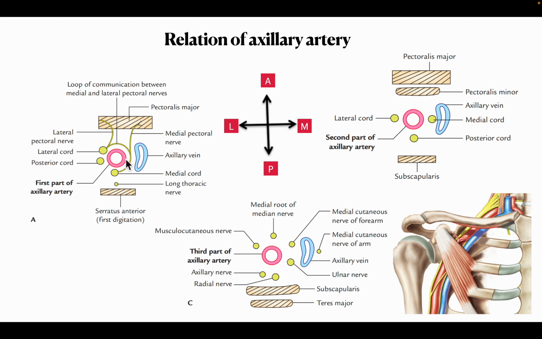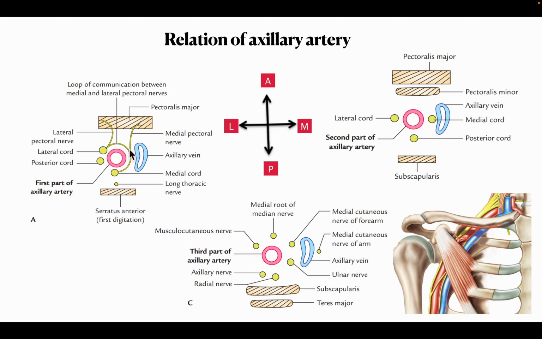Now let's know the relations. In the anterior part, it has relation with the skin, superficial fascia, and the pectoralis major muscle, as well as the loop of communication between the medial and the lateral pectoral nerve, which forms the anterior relations of the first part of axillary artery.